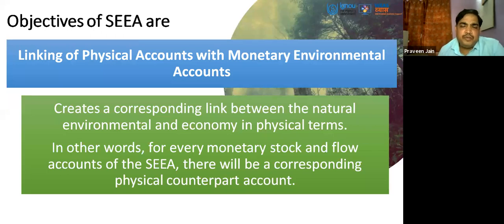So when we calculate the GNP or GDP, not only is the monetary value given, but we also mention the physical value, meaning the quantity of that particular item. So we have an idea about the physical resources as well as the quality of those natural resources. Both things we can include along with the monetary value.